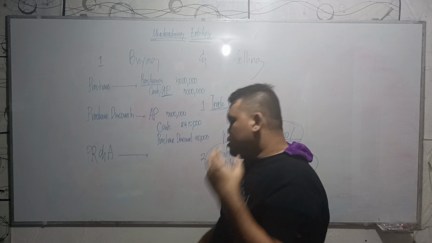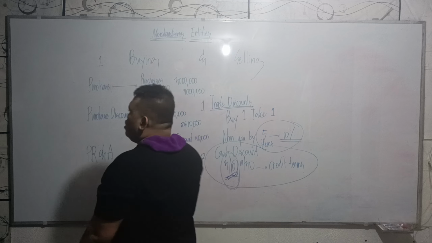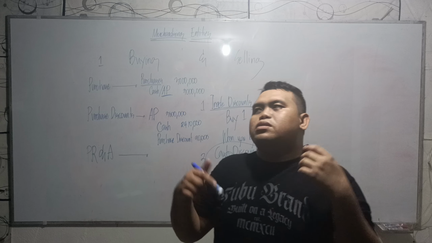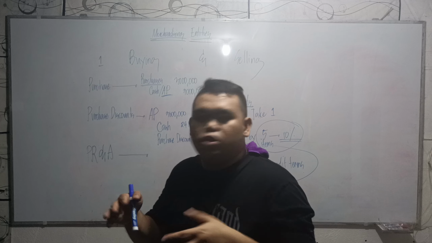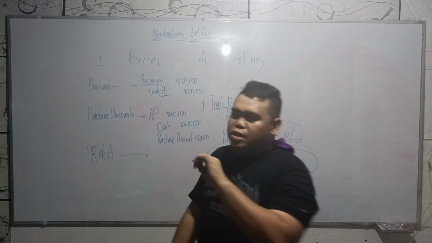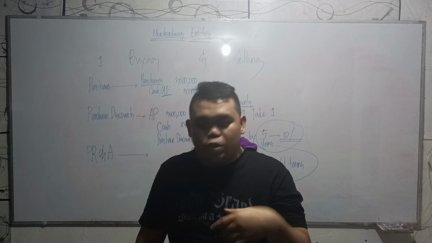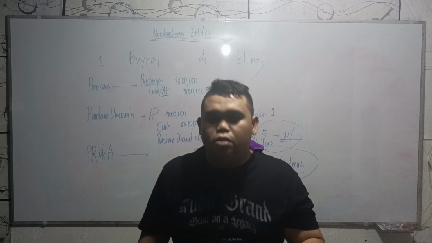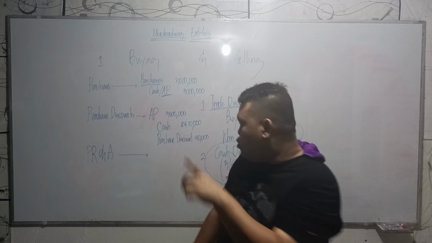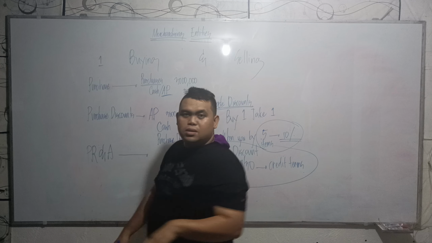Okay, and the second one is, even if you have received good items, however, the brand is not the same as what you have agreed upon with the supplier, or the description does not fit what you want, what you have agreed, like color or size or something like that, and other specifications, of course, you have to return it. Okay?